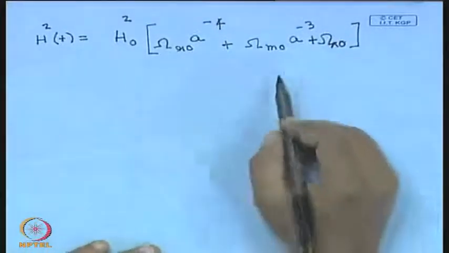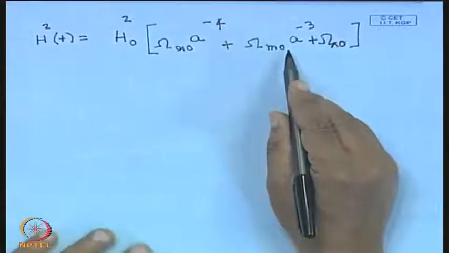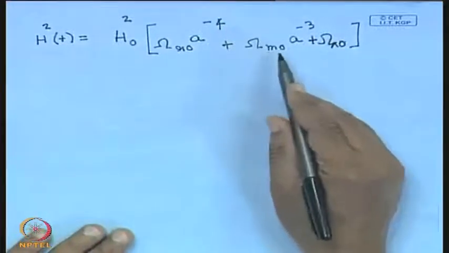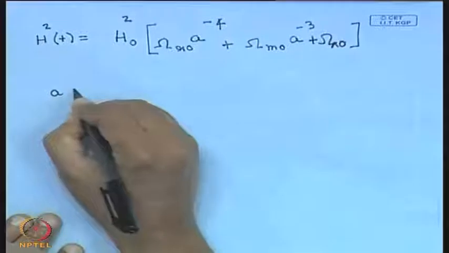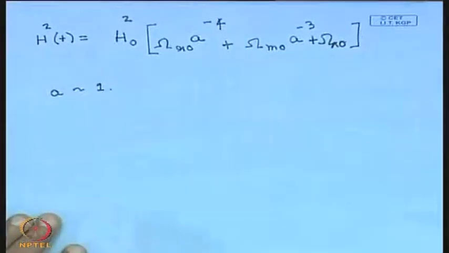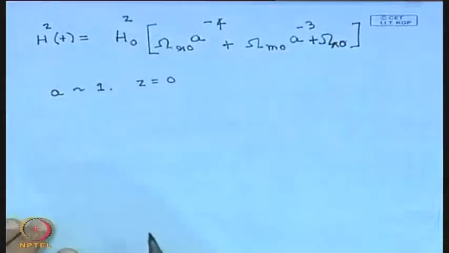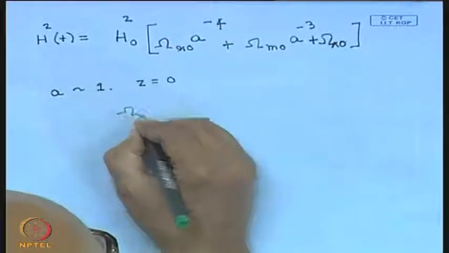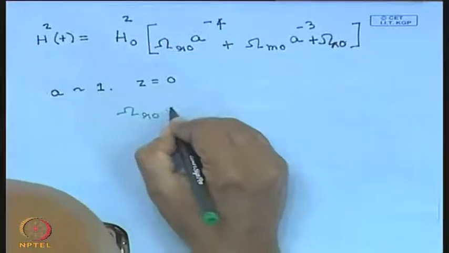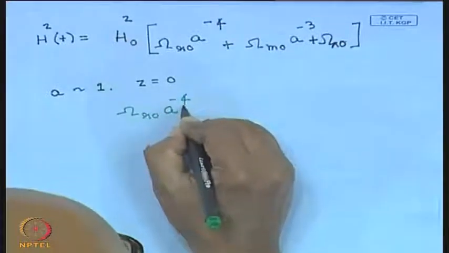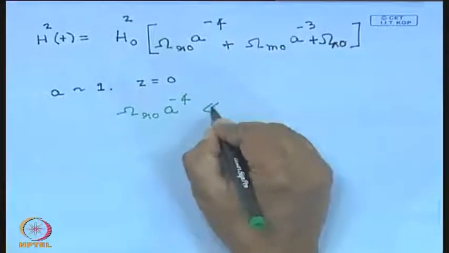Now, at scale factor of order unity, the nearby universe, that is redshift 0, the contribution from radiation is going to be much smaller than the other terms.